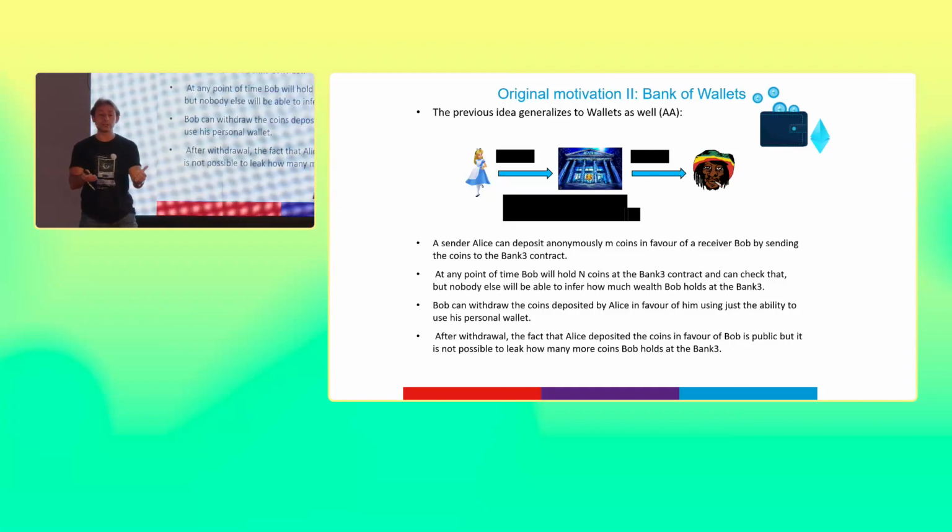What will not be visible is this quantity, N minus M, so how many coins are still left for Bob at the bank. And Bob can at any time search which transactions are in favor of him, using just the ability to use his personal wallet, his MetaMask wallet.